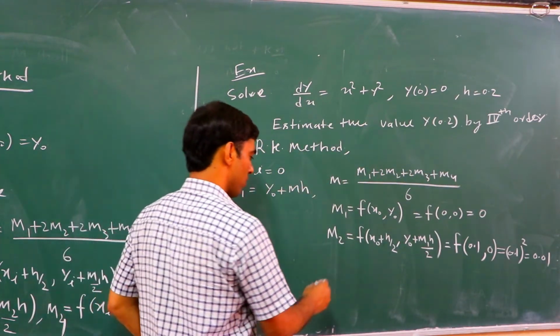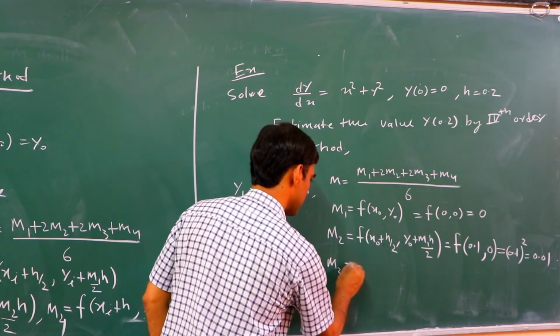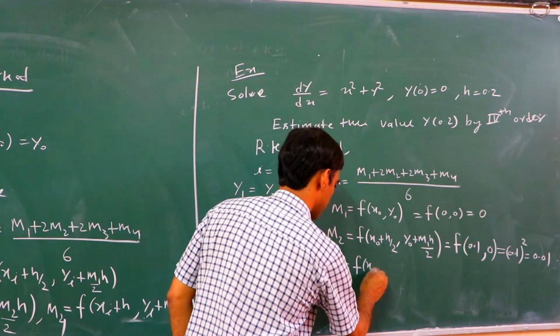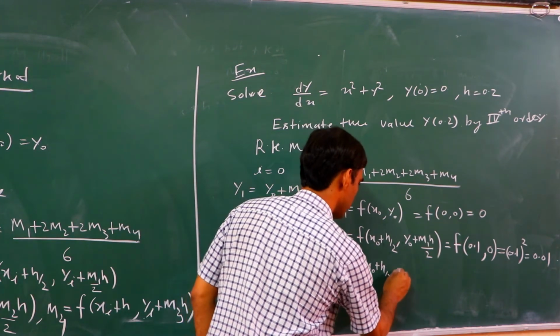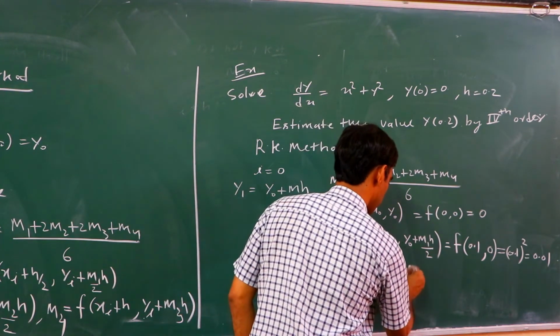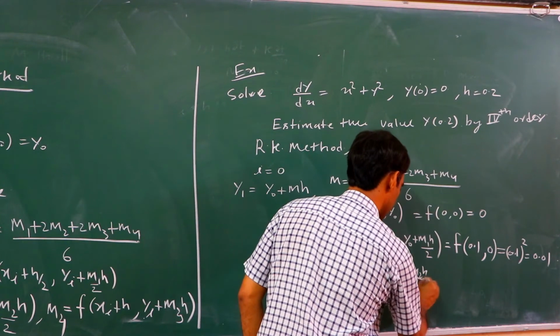Similarly, what is the value of m3? m3 equal f of x0 plus h by 2, y0 plus m2h by 2.